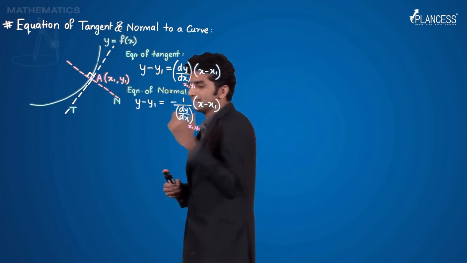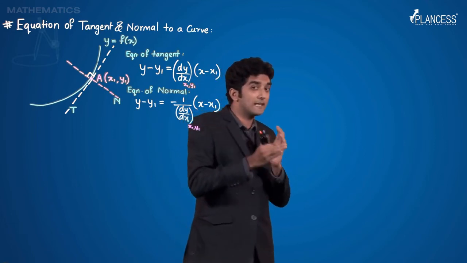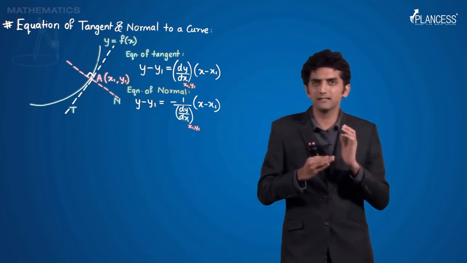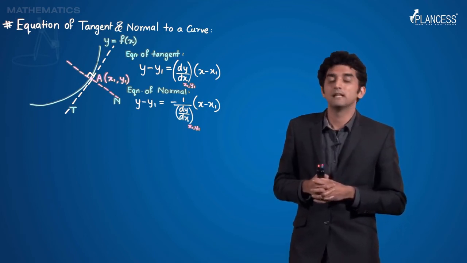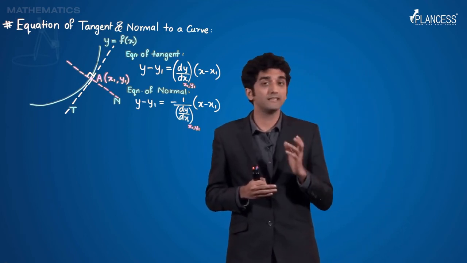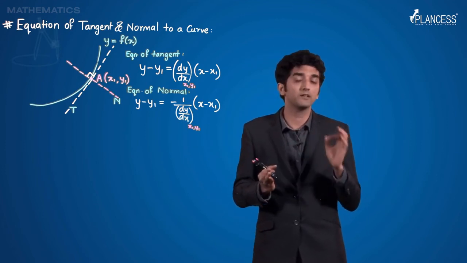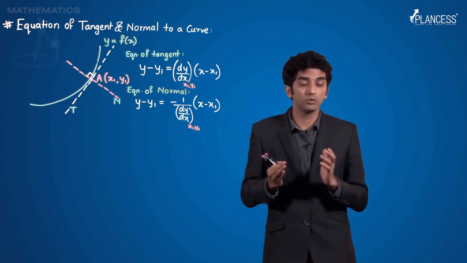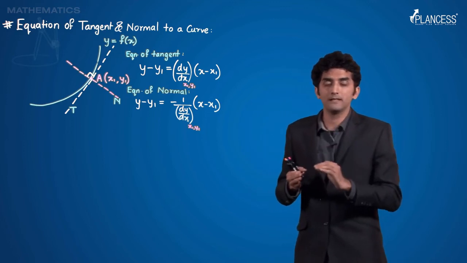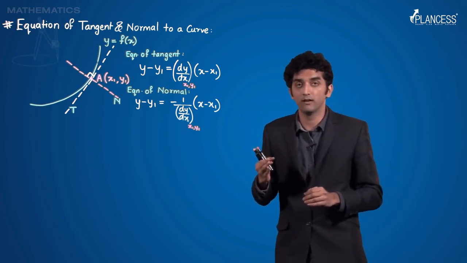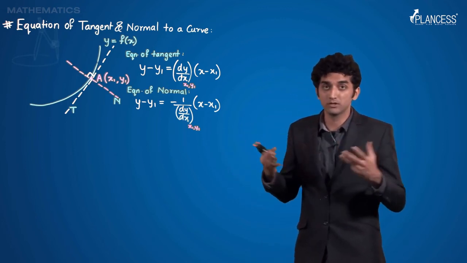Likewise, if it is given that the tangent is equally inclined to both the axes, try and understand: if a particular line is equally inclined to both the axes, that means either theta is 45 or theta is 135, right? Then you can equate dy by dx as plus or minus 1. That is an analytical understanding to help us solve problems.